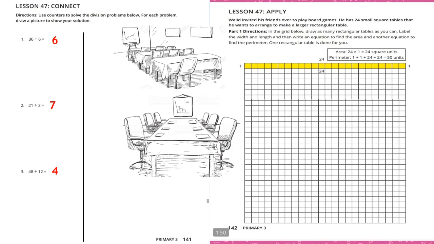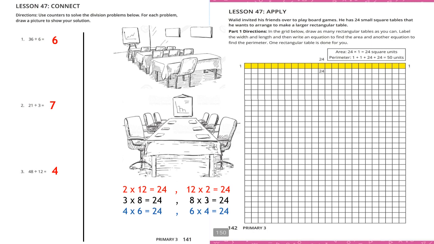And the perimeter here, we know that we will add all sides. So 24 plus 1 plus 24 plus 1, or 1 plus 1 plus 24 plus 24 equals 50 units. We wanted to find the other equations to find the area 24.